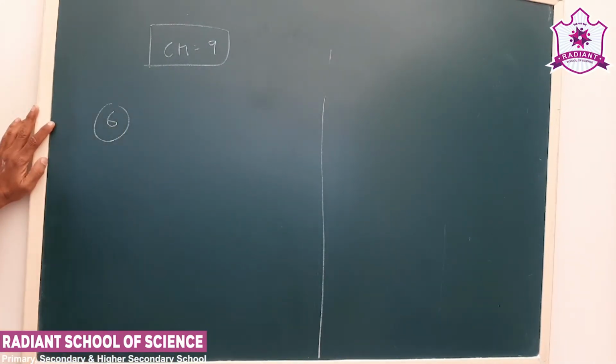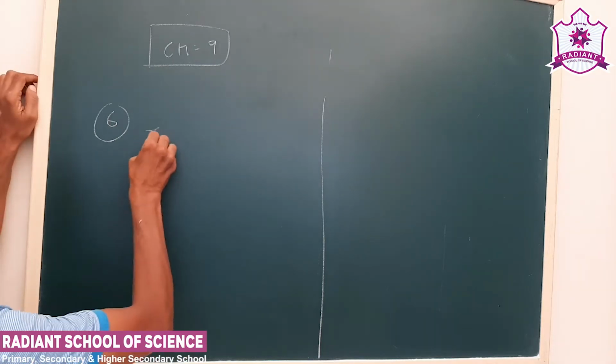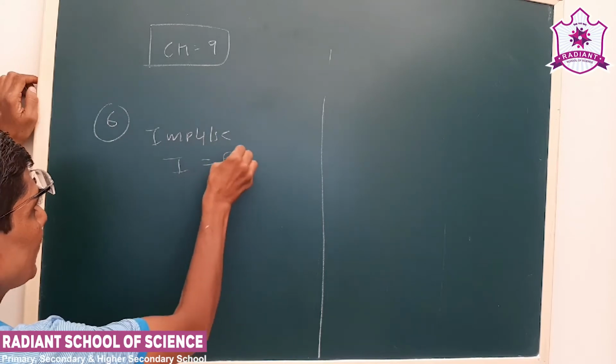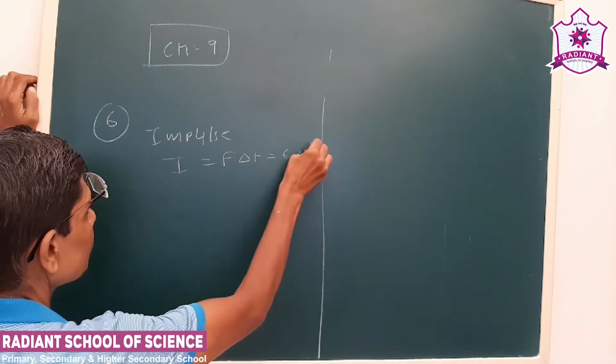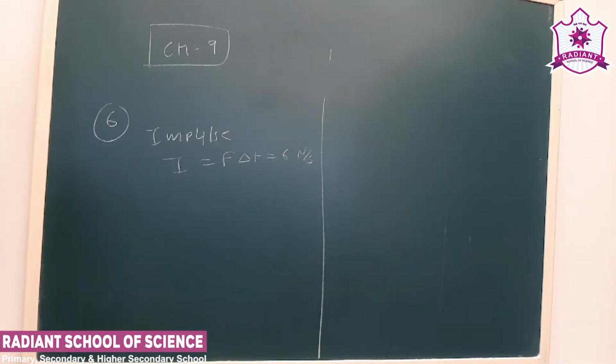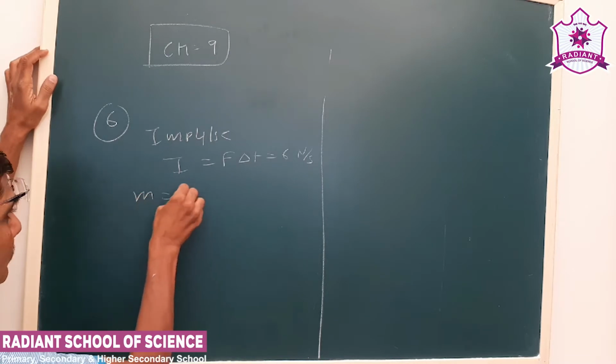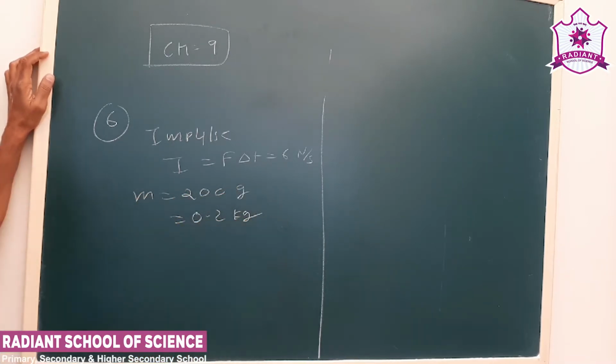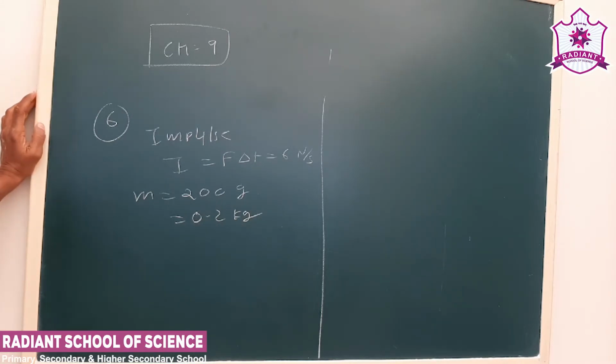While catching a ball, the cricketer experiences impulse of 6 Newton second. Now see, the impulse is force into time. Impulse is nothing but the product of force and time. The mass of the ball is 200 gram. What is the speed?